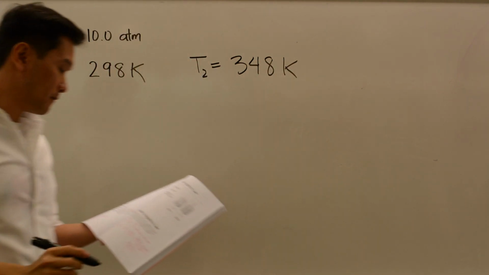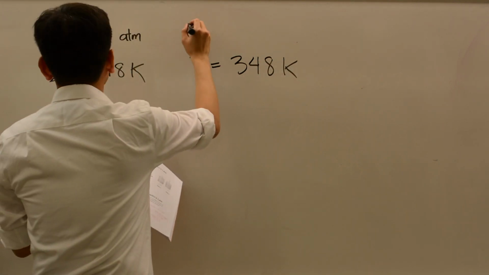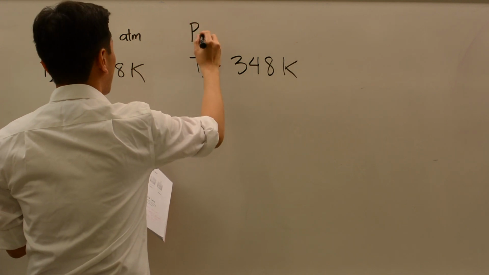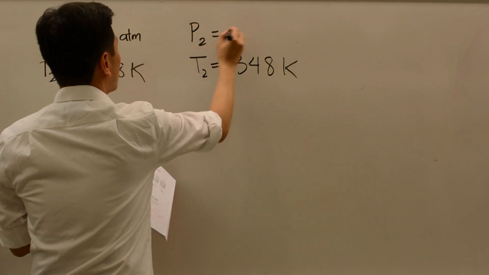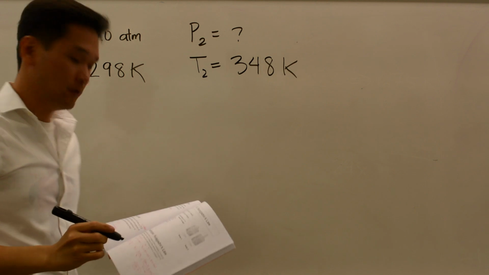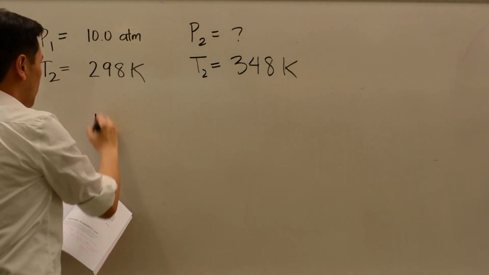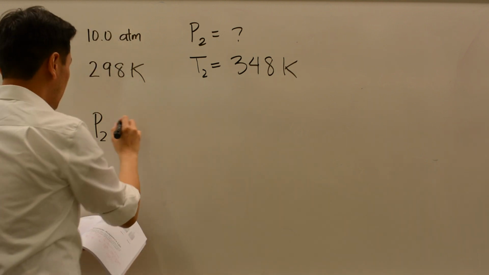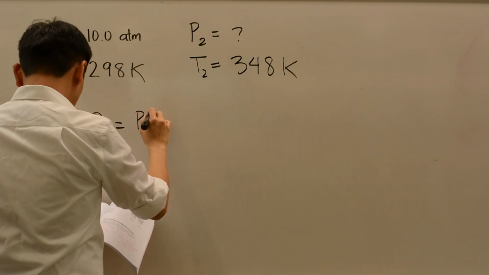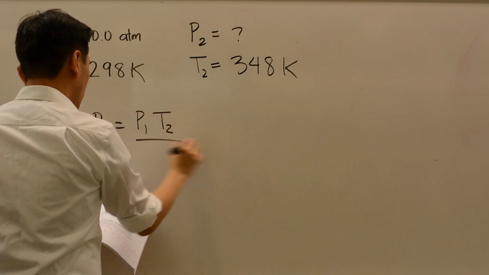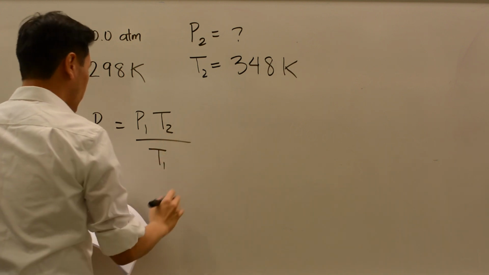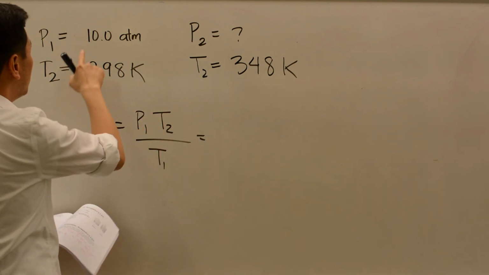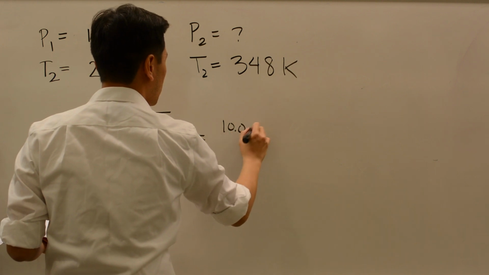Okay, this problem is very similar to the one we did previously. What we're looking for is P2. We already solved for P2 in the previous case, so just use that. P2 is equal to P1 times T2 divided by T1. Plug it in. P1 is 10 atmospheres.